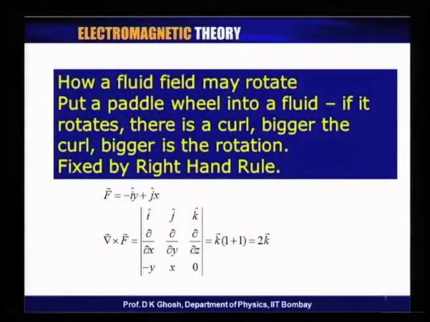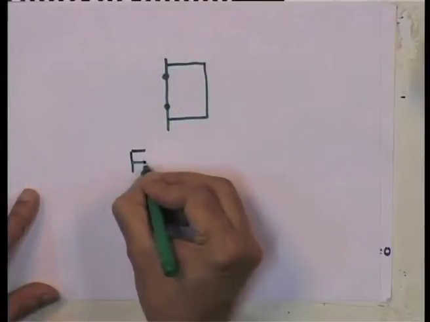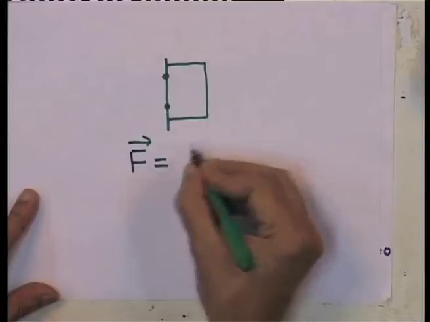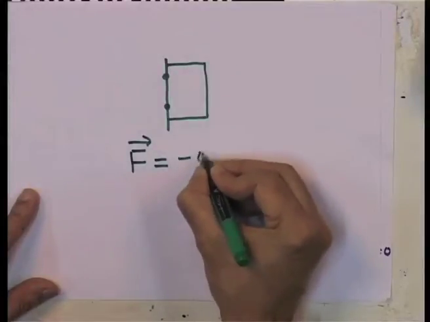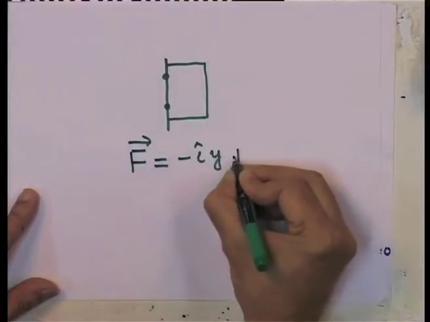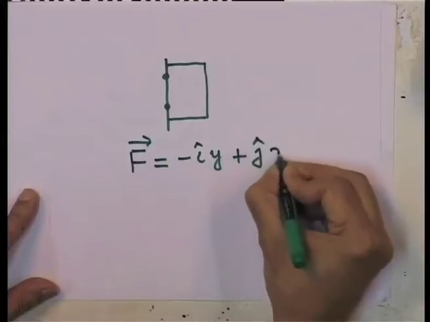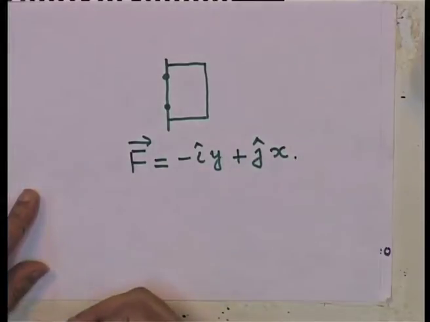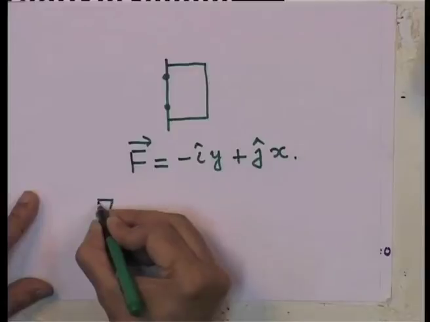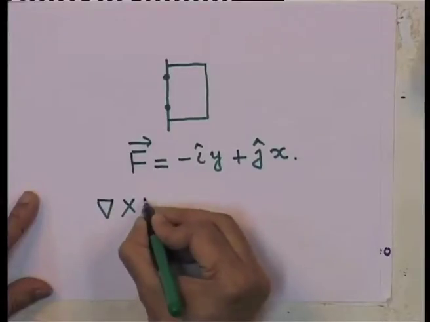Notice I am taking you back to a force field which we have discussed several times. Supposing my force field is given by minus i y plus j x. Now, you can easily compute the curl of this vector.